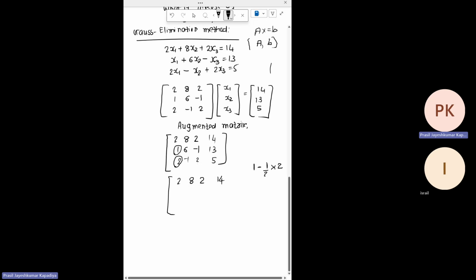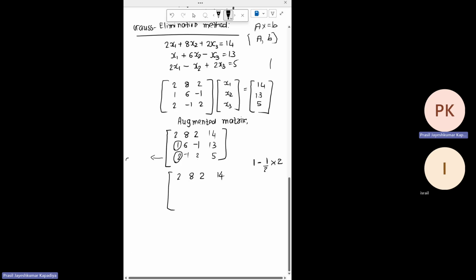So this is how I can get 0. And here, how can I get 0? It is 2 minus the ratio 2 by 2 into 2. Here I get 0, 0, 6.